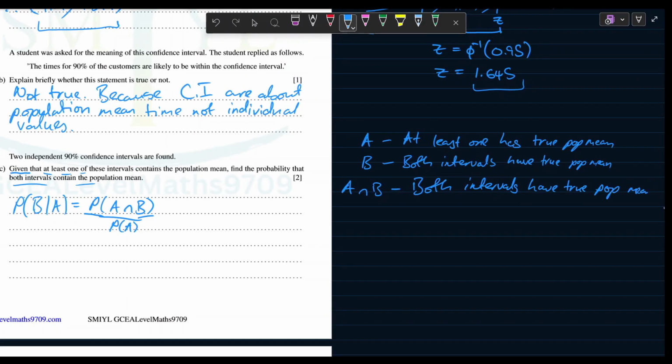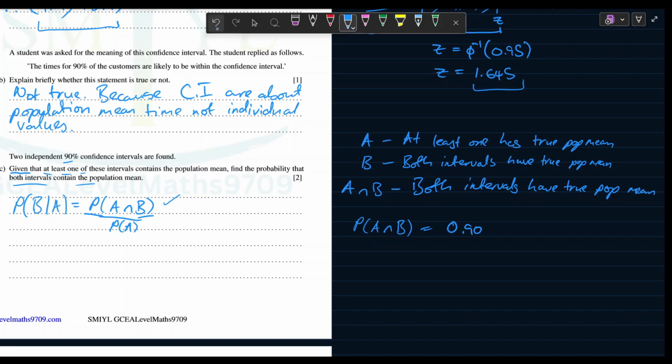So we need to find, for starters, according to our formula, the intersection. So the intersection is the probability that both our intervals have the population mean. Since these are 90% confidence intervals, the probability of any of our confidence intervals having the true population mean is our confidence level, or 90%.